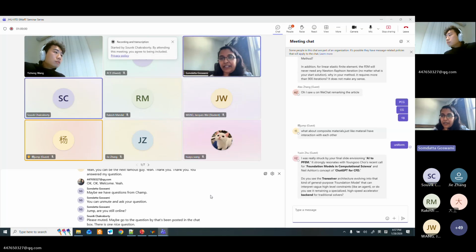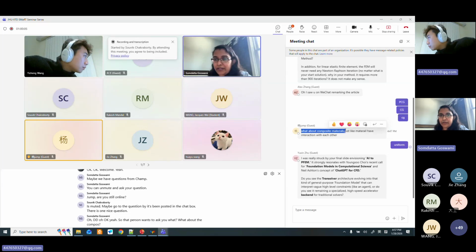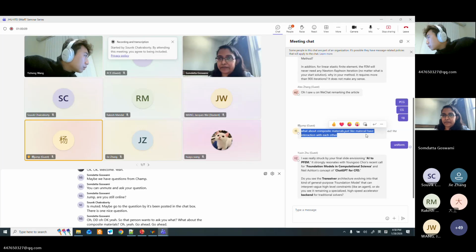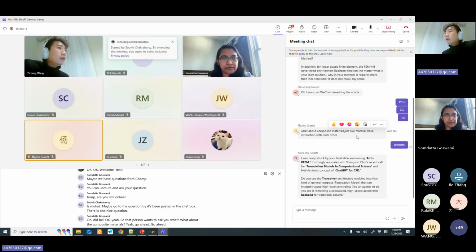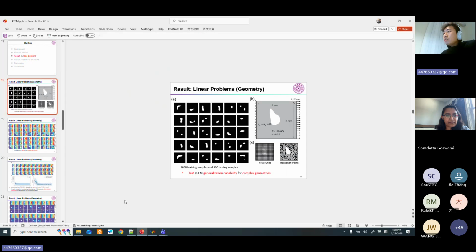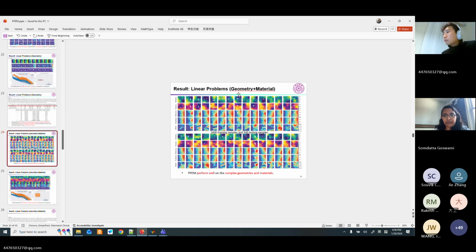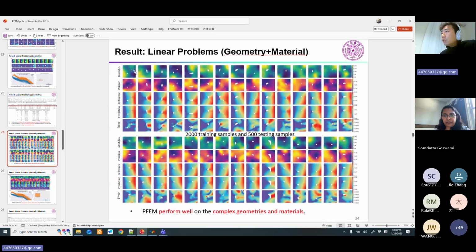So that person wants to ask about composite materials. I know what you mean. Actually, when we solve this problem, for example, this one, it is a composite material problem because the modulus is different everywhere.